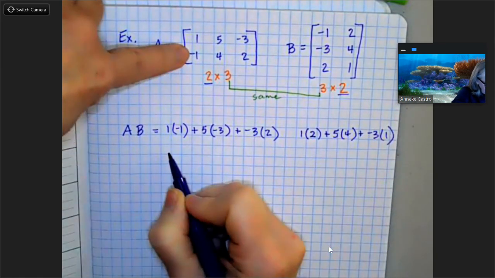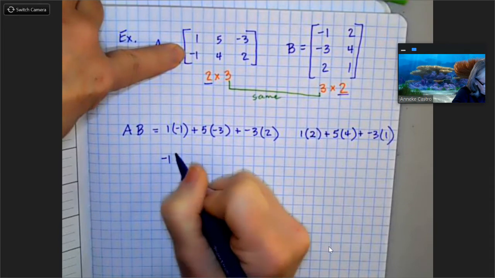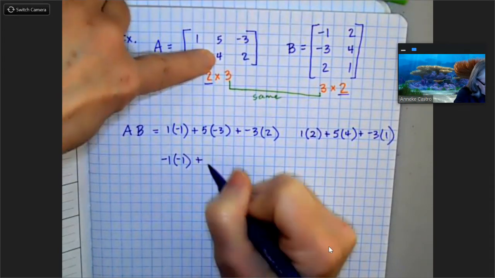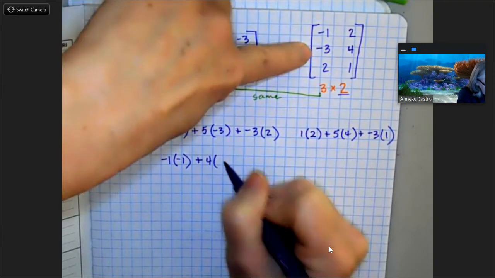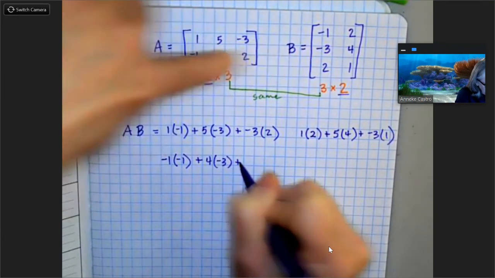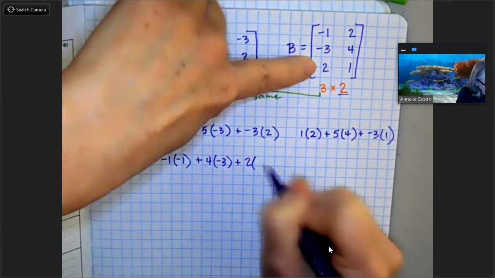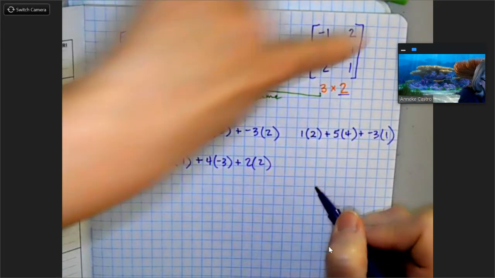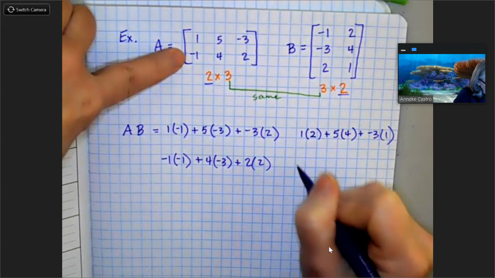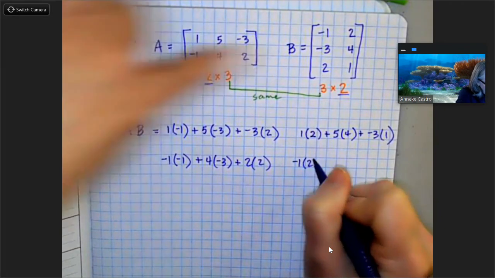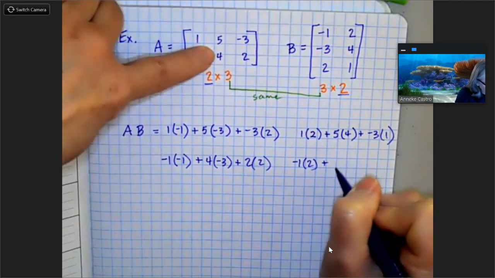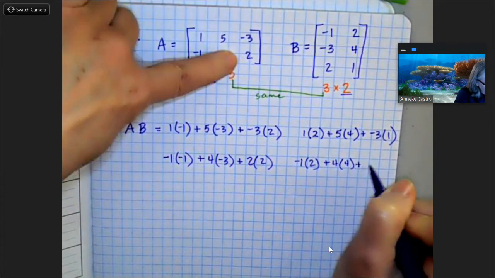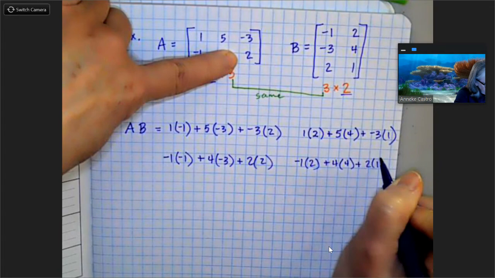So my second row here, -1 times -1 plus 4 times -3 plus 2 times 2. And then I'm going to do the second row with the second column, and it's going to go over here. -1 times 2 plus 4 times 4 plus 2 times 1.